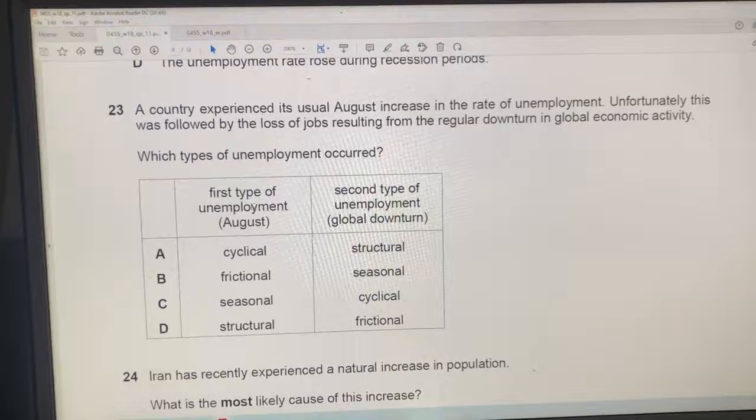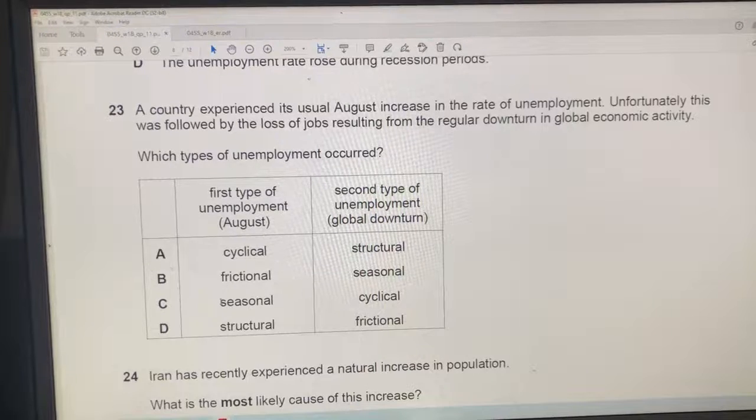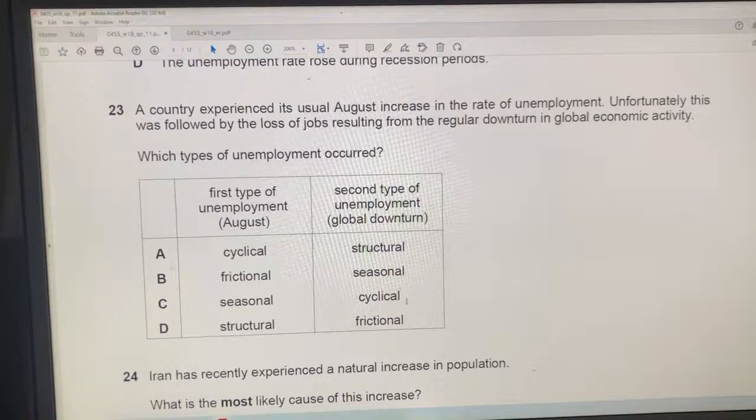So first type of unemployment, August, probably seasonal. And second type is cyclical. Gosh, if we could eliminate the business cycle, we could just grow all the time. So let's check some others. 23, the answer must be C.